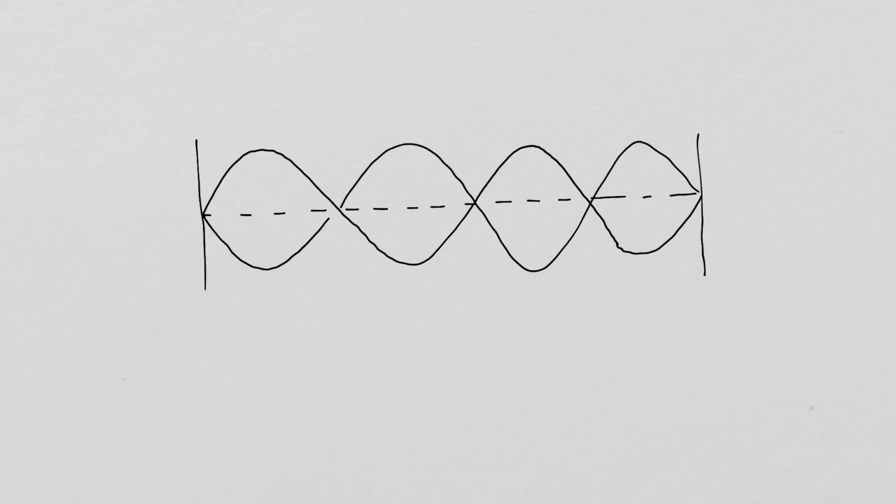Let's consider a string or rope that is fixed at both ends, and then a standing wave pattern is created on this rope. The points where there is no amplitude are known as nodes of the standing wave. So in this particular example, we have 1, 2, 3, 4, 5 nodes.